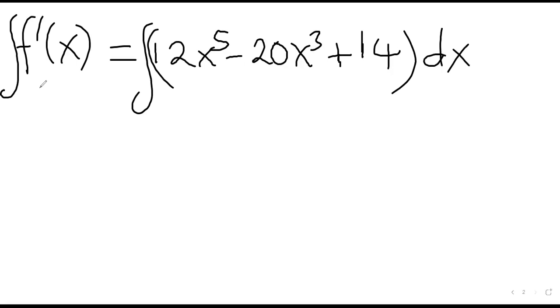So when you integrate f prime of x, we are going to get f of x. F double prime of x was the one which gave us f prime of x. So now when you integrate f prime of x, you are going to get f of x.